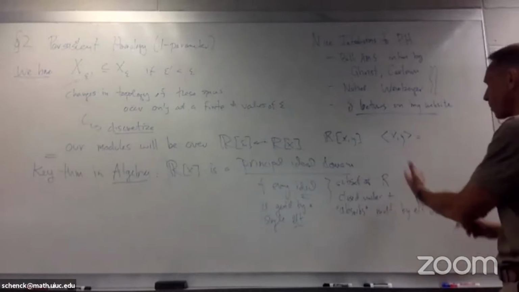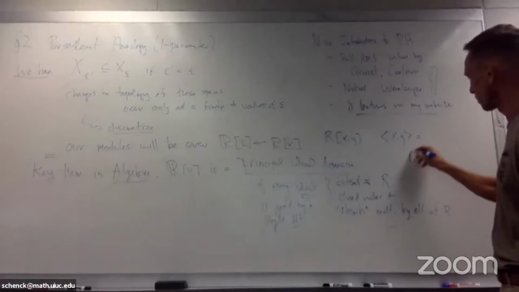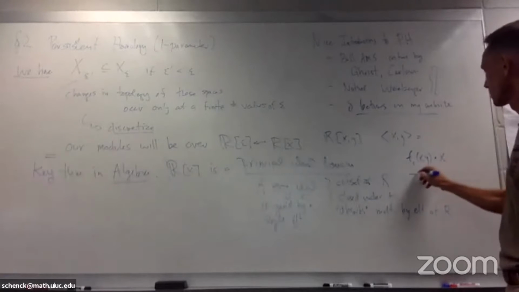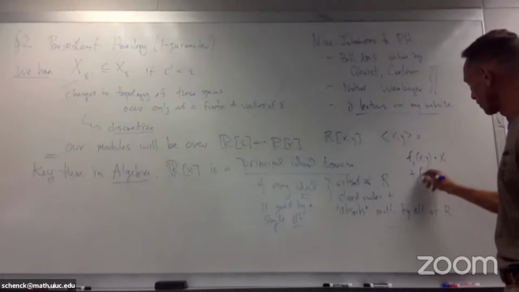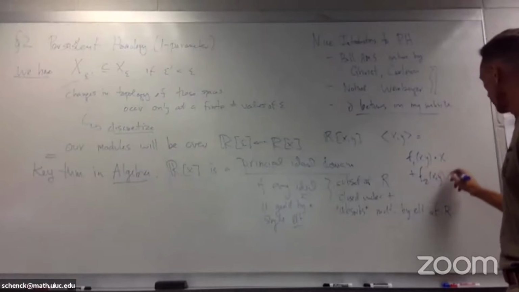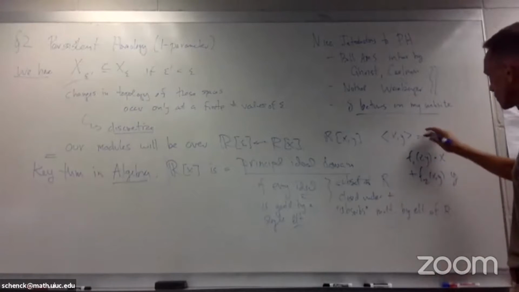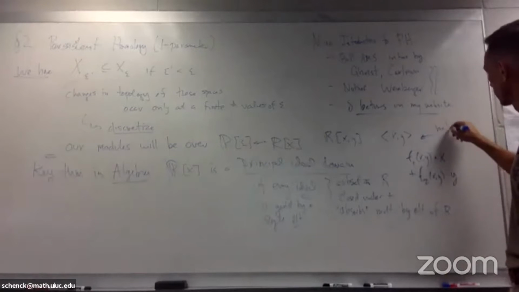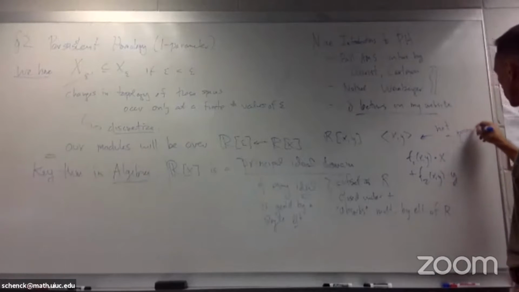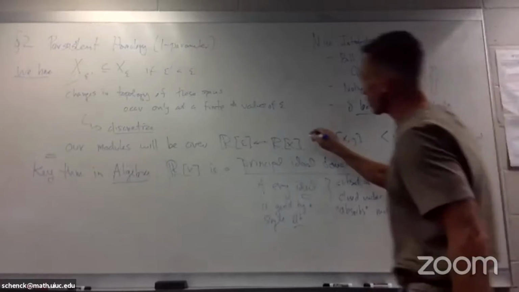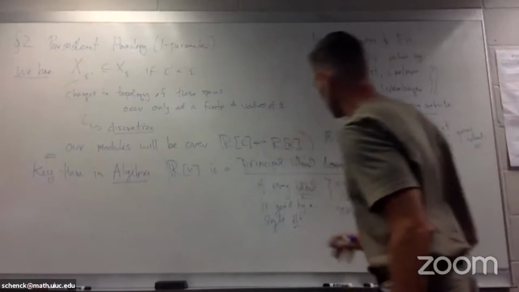All polynomial combinations where I take some polynomial f1 of x, y and multiply it by x, and some other polynomial f2 of x, y and multiply it by y. I need both x and y to generate this ideal, so this is not a principal ideal.